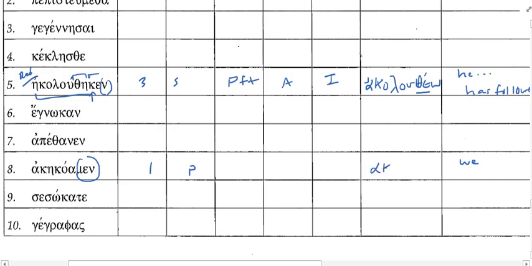This is one of those situations where you would be well advised to learn the principal parts. Akouo becomes akekoa in the perfect active. Now, what have I got here? So for the ak, right? You see the ak. You see the omicron upsilon of akouo. Here you only have the omicron.